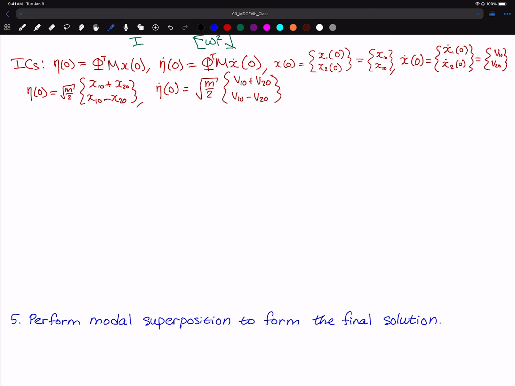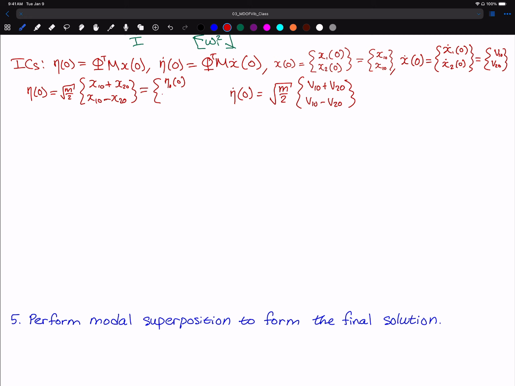Now, keep in mind, let me move this over to add a little bit more detail here. So this is equal to eta 0 of 0 and eta 1 of 0, and this here is equal to eta 0 dot of 0 and eta 1 dot of 0.